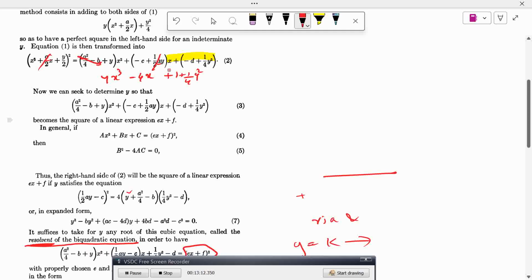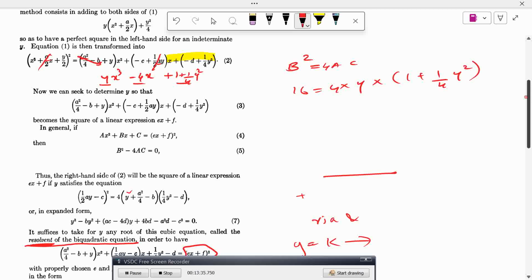So this is a, this is b, this is c. So in the formula, b square minus 4ac equal to 0, or b square is equal to 4ac. When we put those values, you will get 16 is equal to 4 into y into 1 minus 1 by 1 plus 1 by 4 y square.